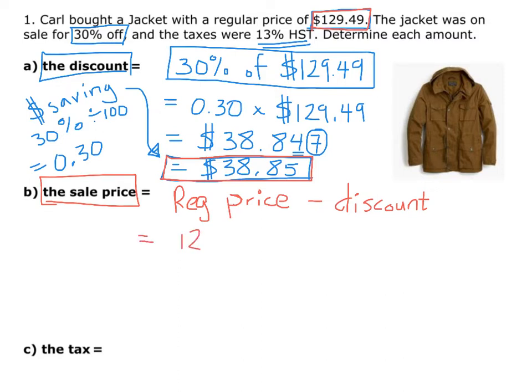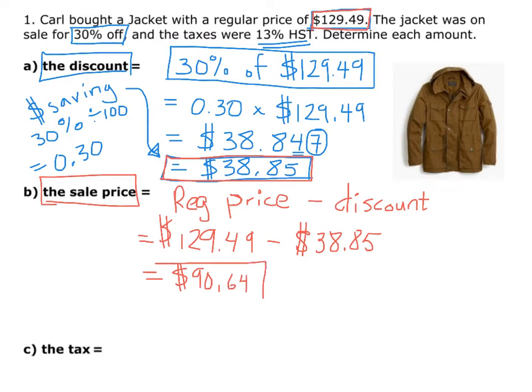I'm going to take $129.49 and I'm going to subtract on my calculator how much he's saving, which is $38.85. And this will end up giving me a total of $90.64. So that will be the sale price of the jacket after you have discounted the 30%.